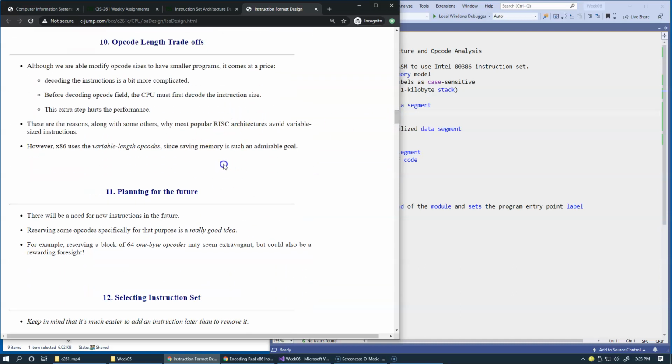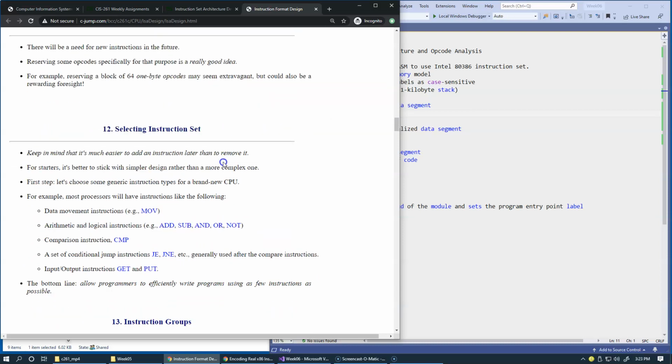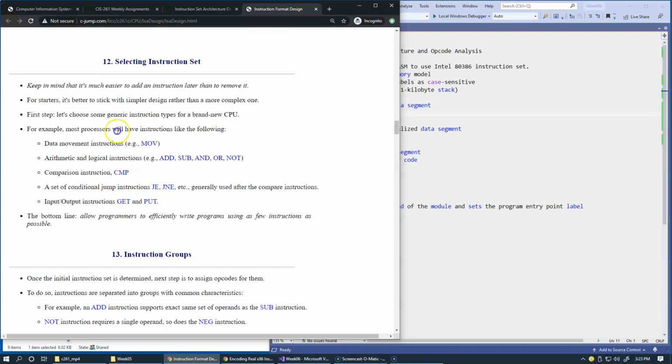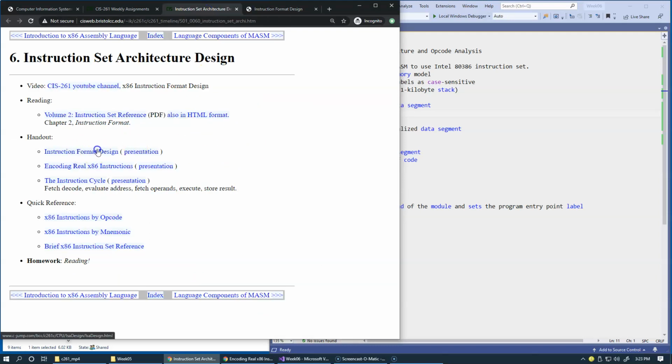All right, so these are interesting ideas, so I encourage you to read through this handout. Okay, so this handout right here is just the ideas regarding design of an instruction set that could be possible utilizing all of these generic ideas with bit fields that we just discussed.